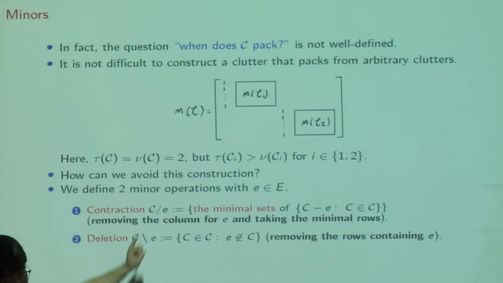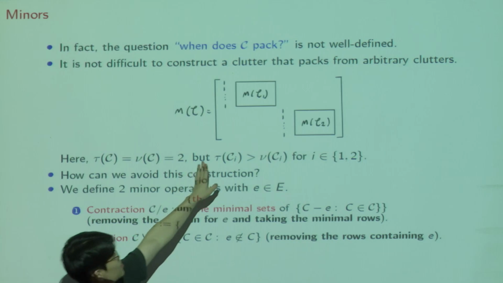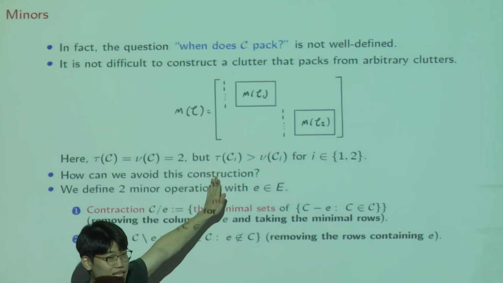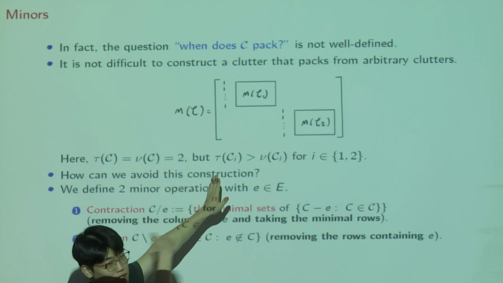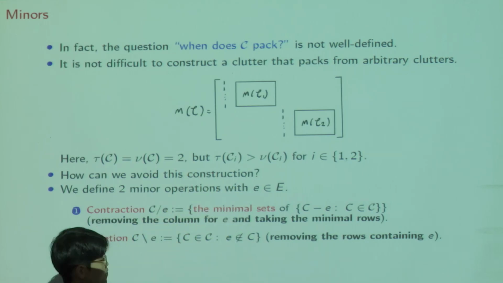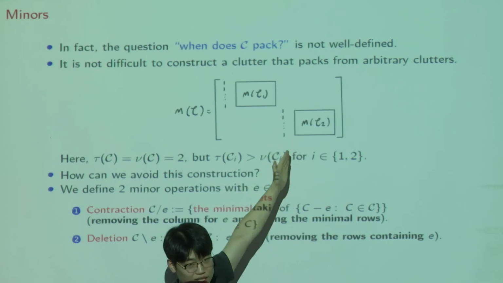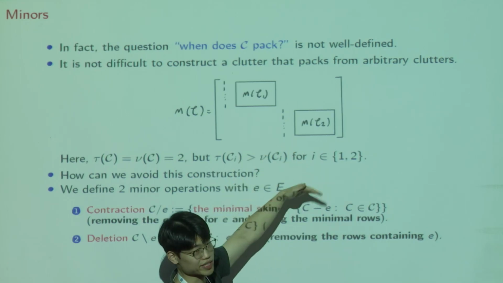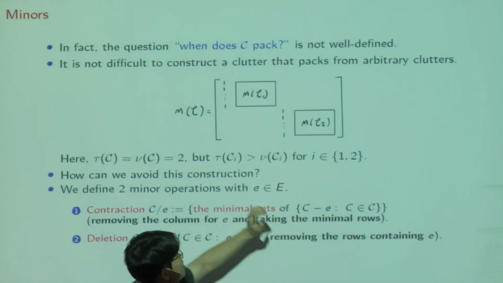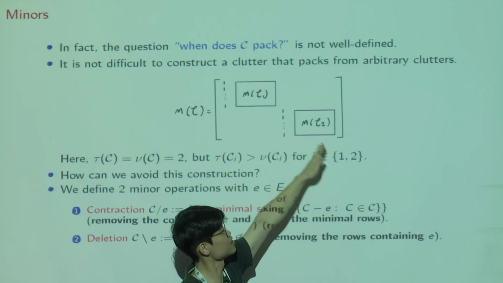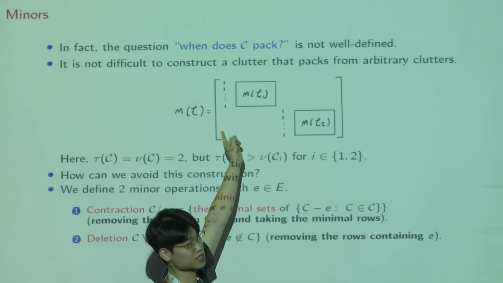Contraction means you remove this column, and then you take the inclusion-wise minimal rows. Deletion means, let's say you delete this column, then you remove it, and you also delete the rows containing these ones. So if you contract this and delete that, you remove the second part and keep the first clutter.